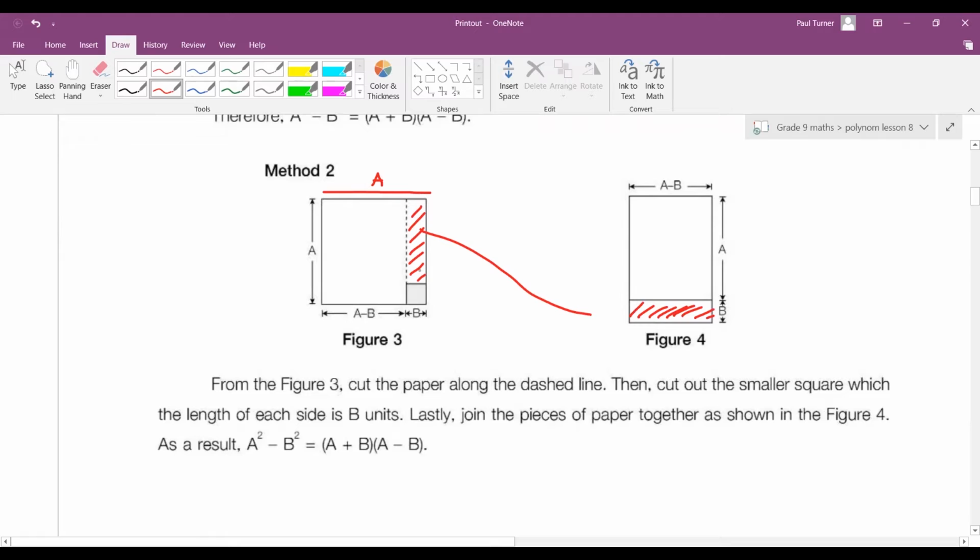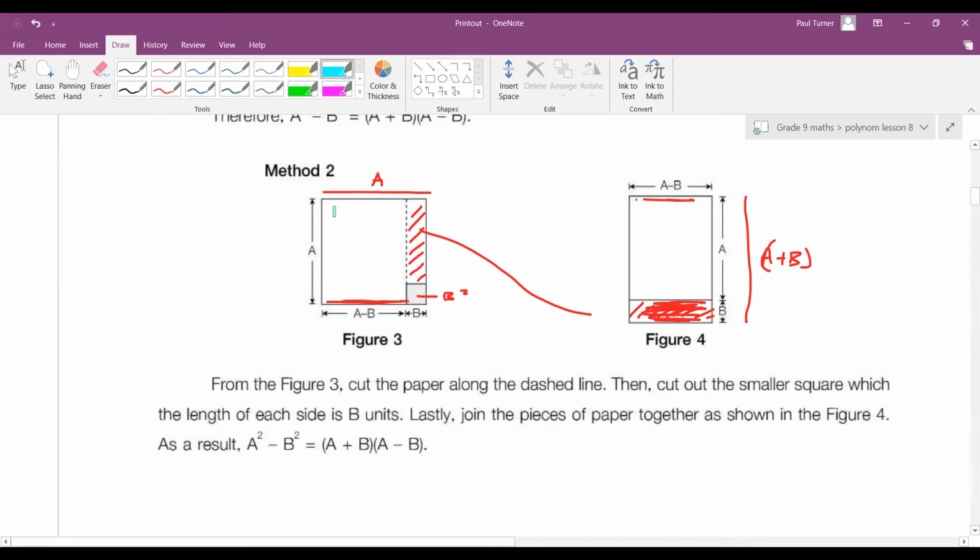So this area is a squared. This area is b squared. And then when you take away this small square, we have this piece left. So we just join it down here. And so you'll end up with a plus b there. And this length is a minus b, that's here.